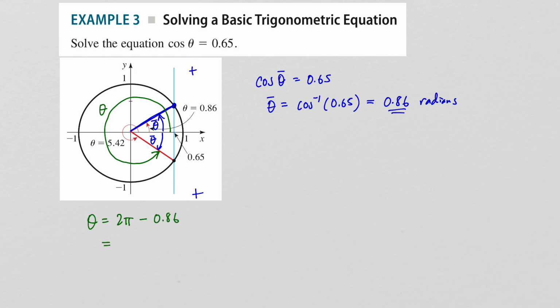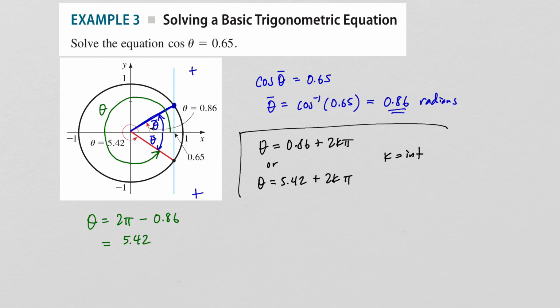And if you do the math on a calculator, you're going to get 5.42. And that's where you see this other solution coming into play here. So that is this angle in radians. So our 2 solutions are going to be theta equals 0.86 plus 2k pi, or theta is equal to 5.42 plus 2k pi. And once again, k is equal to an integer.